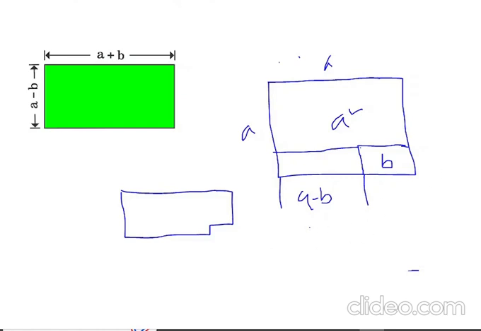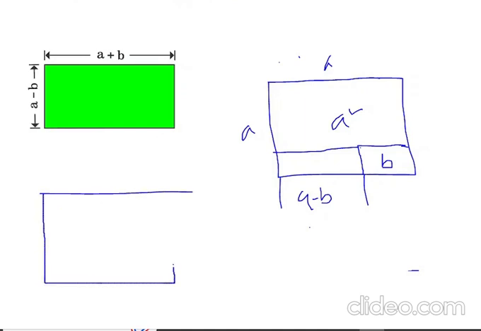I am drawing it again here. Our picture will be, this was a, then we will add this rectangle part, the a minus b part, and we'll turn it at a 90-degree angle, and we will add it with this rectangle, whose measurement will be a minus b.